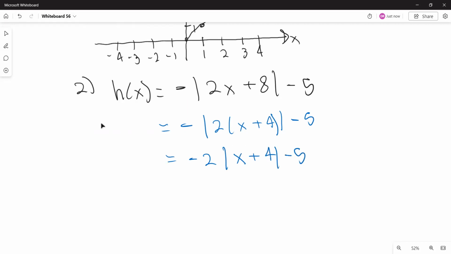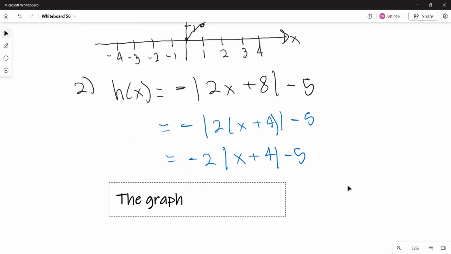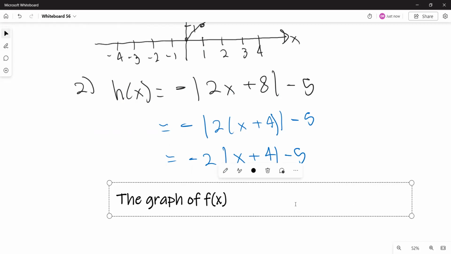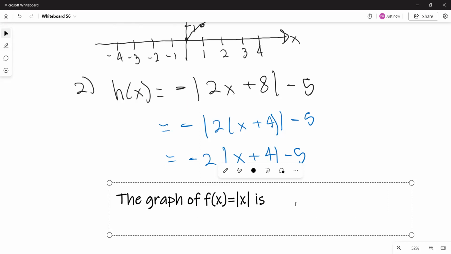So the graph of f of x, or the graph of the absolute value function, our basic function is the absolute value function, and this is reflected across the x-axis because we had that minus.